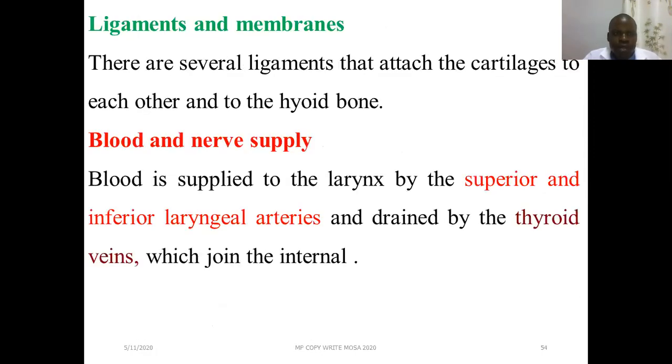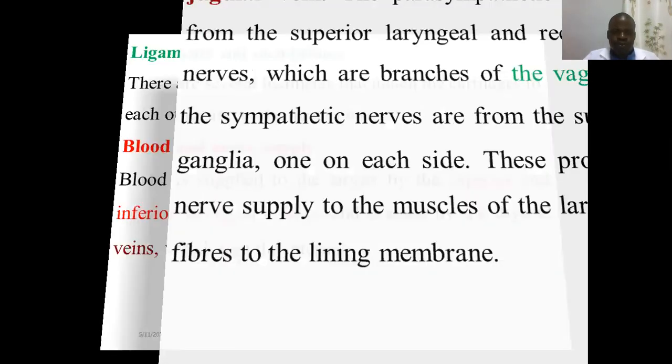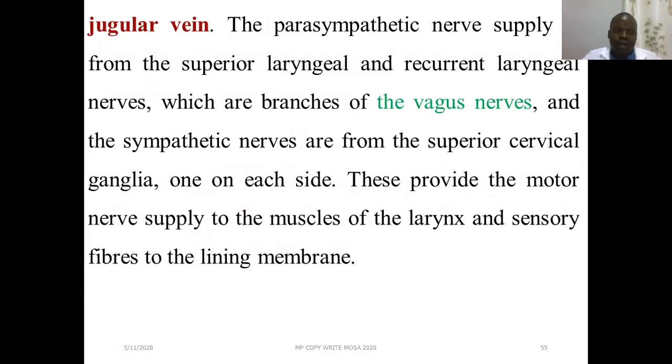Ligaments and membranes. There are several ligaments that attach the cartilages to each other and to the hyoid bone. Blood is supplied to the larynx by the superior and inferior laryngeal arteries and drained by the thyroid veins, which join the internal jugular vein.